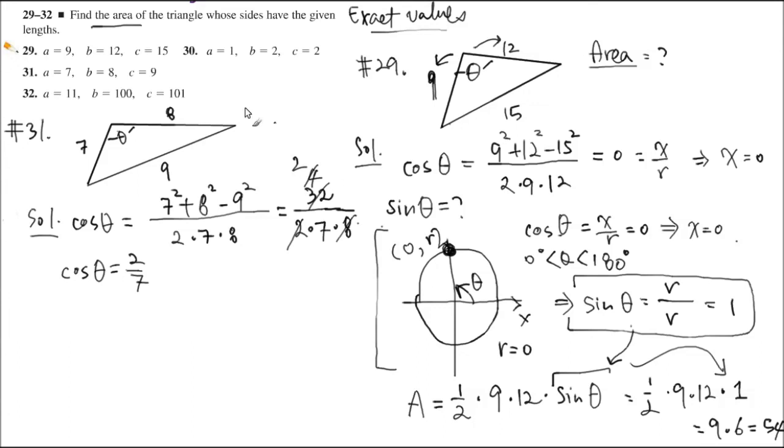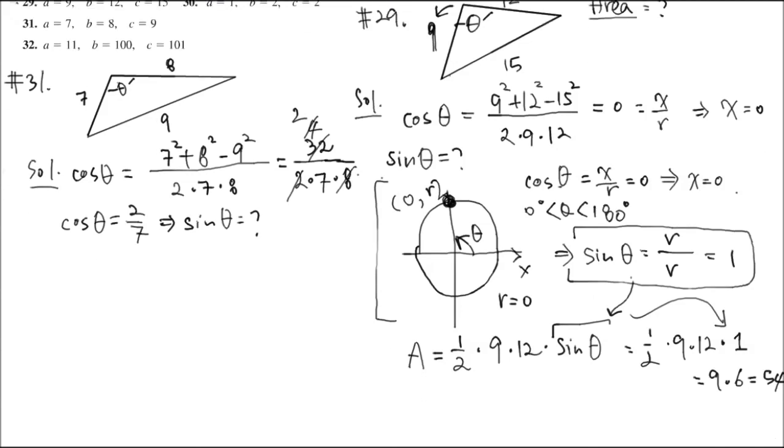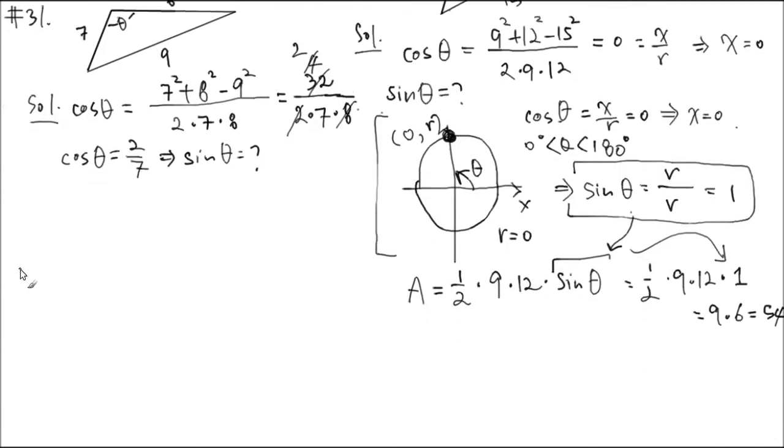But to calculate the area of this one, what do we need? Sine theta. So the question is, can we find the exact value of sine theta by looking at the cosine theta value there, right? Where do we go? Circle. Go to the circle and sketch a certain size of a circle.